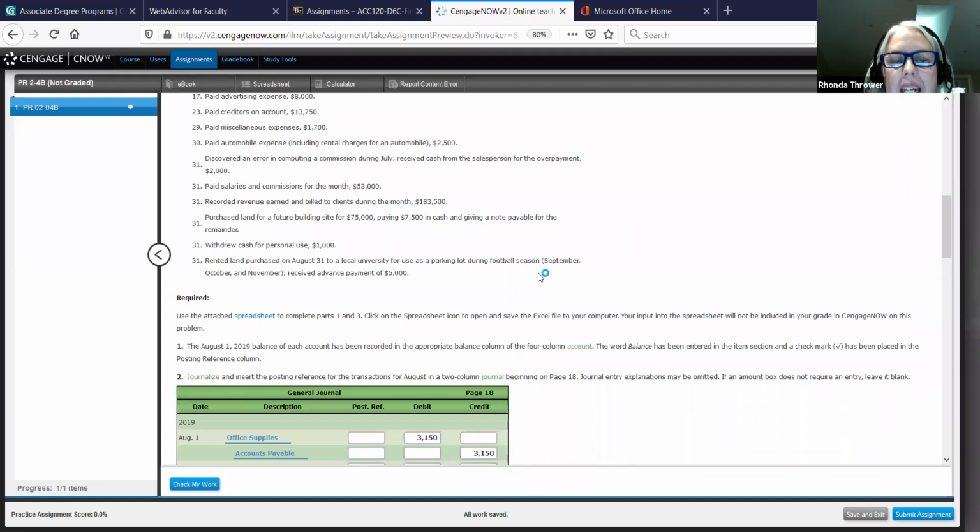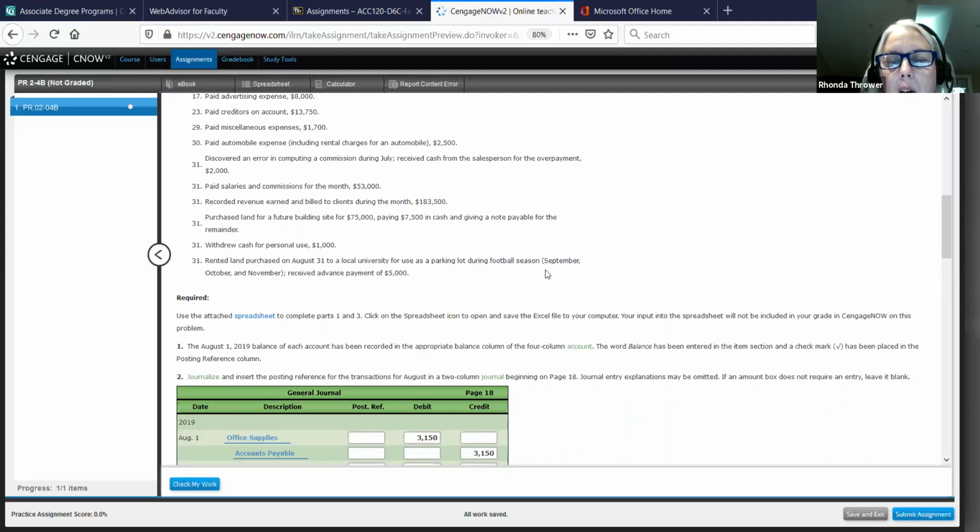We're renting the land that we originally purchased for a building site. We're just renting it to get some money. So we're charging the university to have space in our parking lot while they're playing football during football season. So we're earning some revenue, is what I'm trying to say to you.